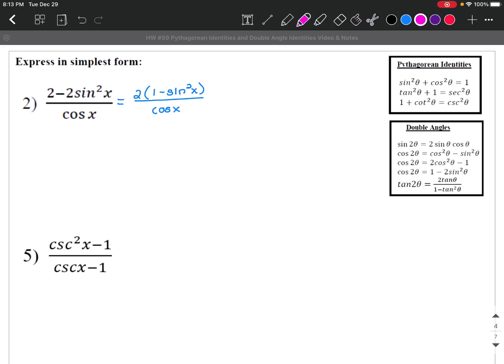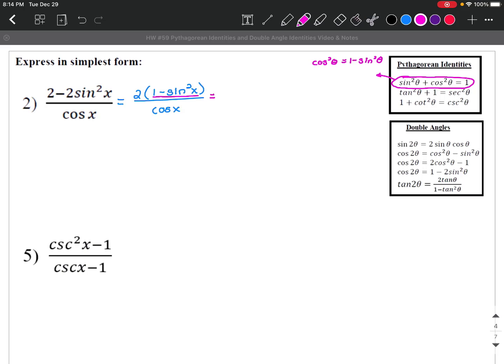And if I look carefully, this 1 minus sine squared x, so if I look at my identities over here, we've got this Pythagorean identity that has sine squared and cosine squared. Now we've got this 1 minus sine squared, and I can get that if I subtract sine squared from both sides. So that means 1 minus sine squared theta is cosine squared theta.